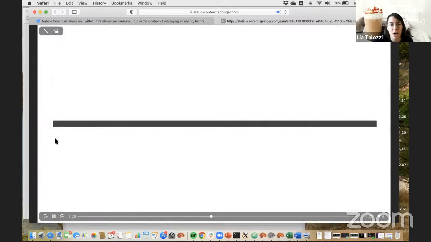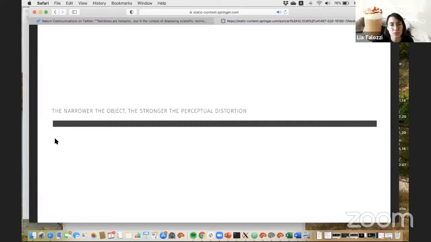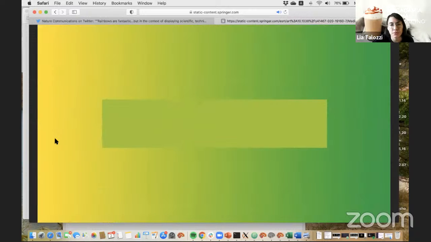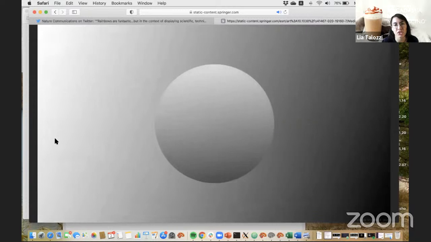So also if you have a narrow object, this is different from a larger object. And so they represent different color maps, different colors, and the grayscale translation.